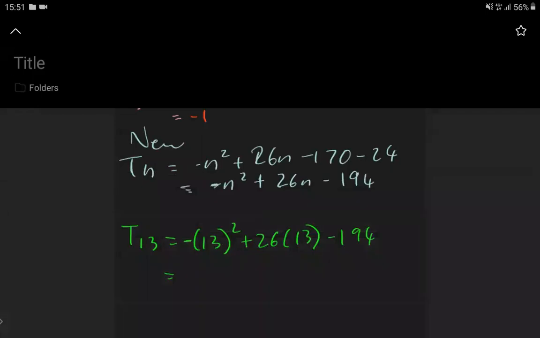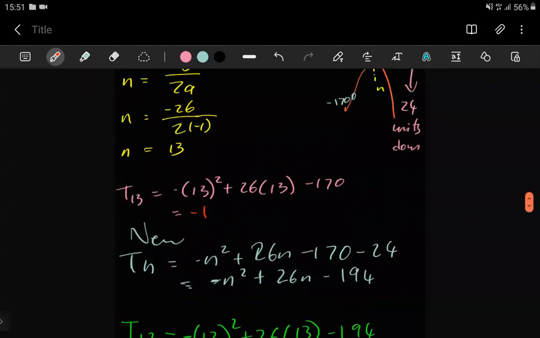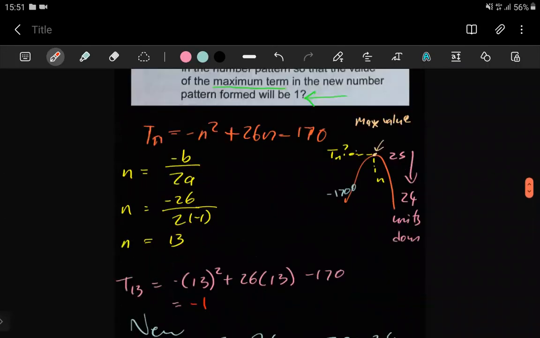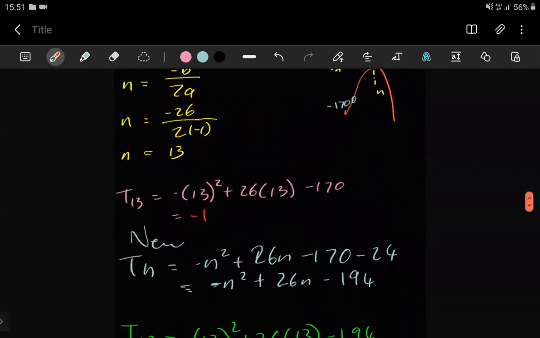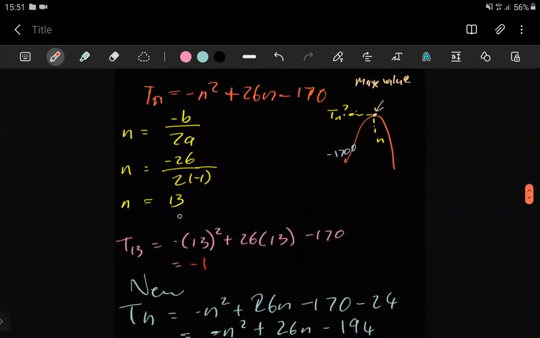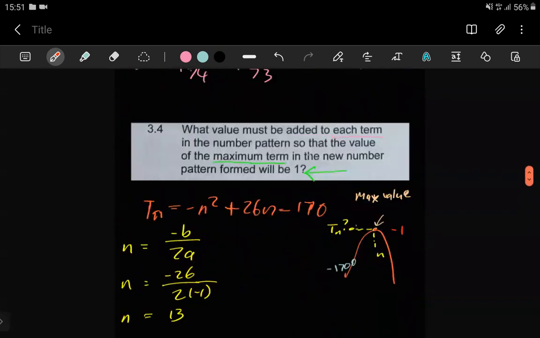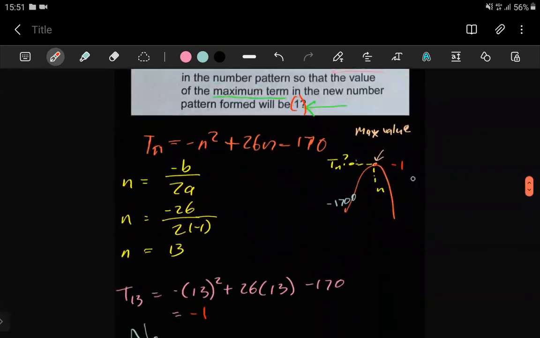So if it was negative 1, it means that we need to alter this. You see, the highest value here was negative 1, because this is technically the x value of the turning point, and this is serving as the y value of the turning point. So for it to become positive 1, we need to move it up by 2 units.